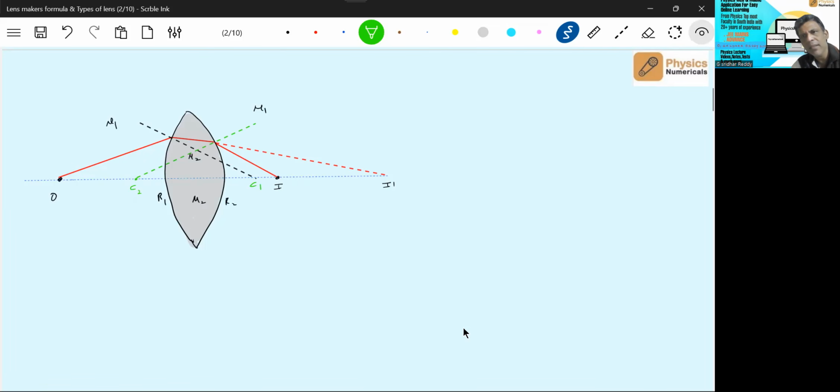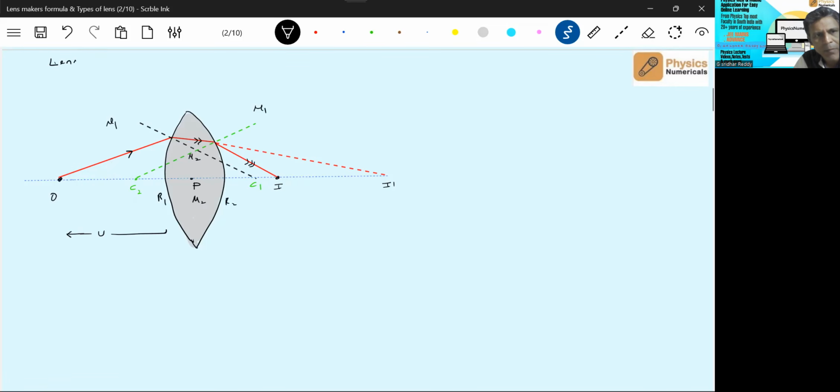So the incident ray will undergo refraction and finally, after refraction, will meet the optic axis at a distance I. This is the object distance U. All the distances I'll measure from the optic center, so it will be P only. As it is a thin lens, what we discuss is a thin lens.